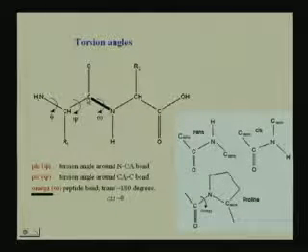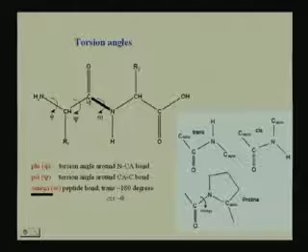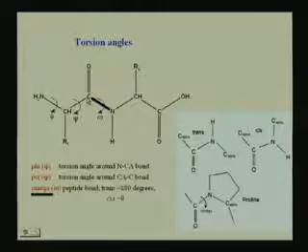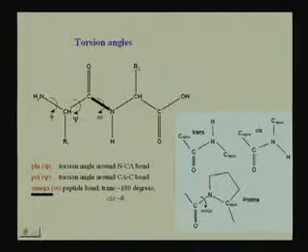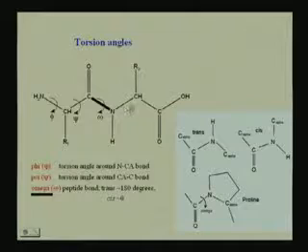What is my definition? I have to have two planes that contain atoms number 1, 2, 3 and another plane that contains atom numbers 2, 3, 4. So here I have my C, N, C alpha, C. That's how you define a phi angle.